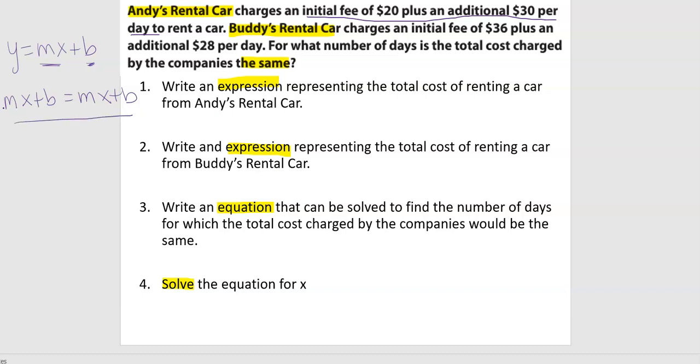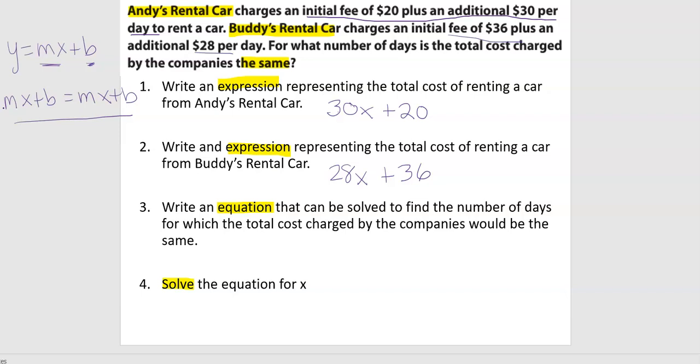So if I come over here, our initial fee was $20 plus an additional $30 per day. So I'm going to have 30x plus the 20. That's going to be Andy's rental car. For Buddy's rental car, their initial fee is $36 plus an additional $28. So I'm going to have 28x plus the 36.